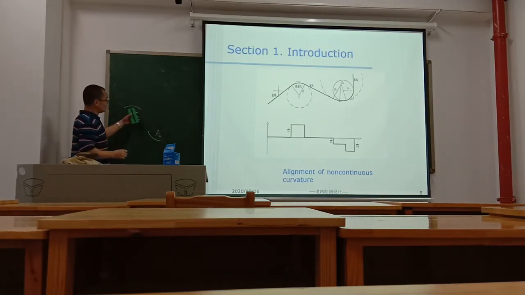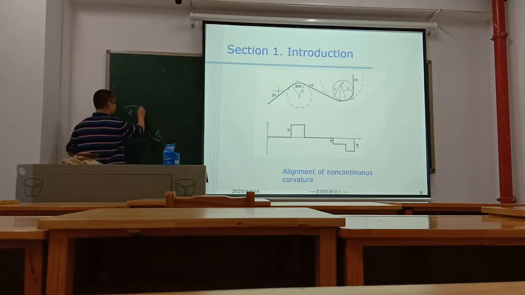So we can connect them with two transition curves and one straight line. This is the first transition curve. This is the second transition curve. And one straight line.